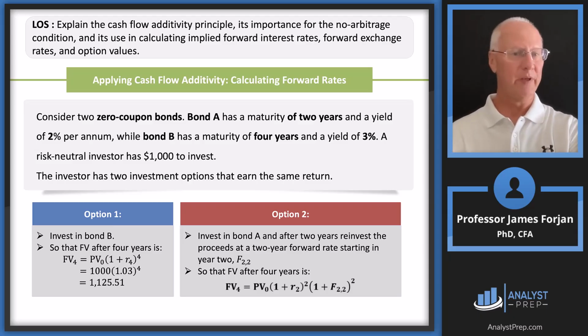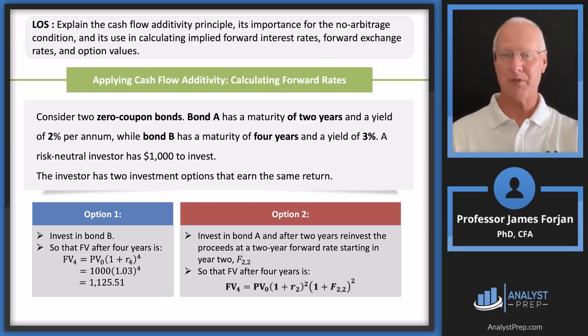However, when we move into learning modules on derivative securities and bonds that have embedded options in them, we're going to need this risk-neutral investor to help us come up with a no arbitrage price. So for now, a risk-neutral investor is some person who doesn't care about risk, who only cares about return.